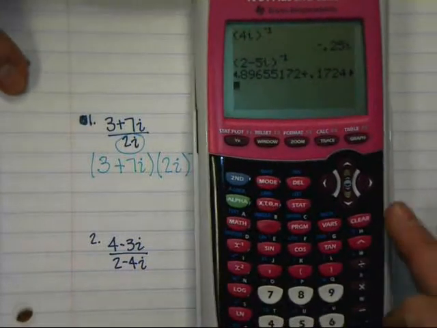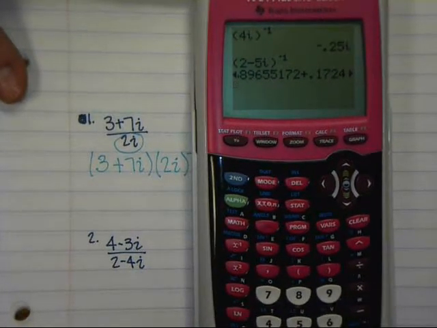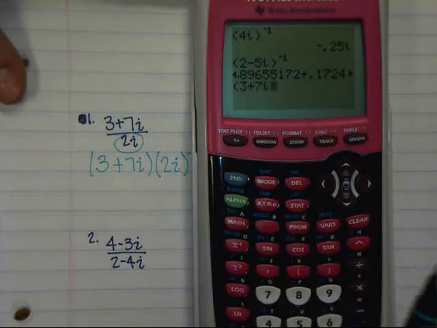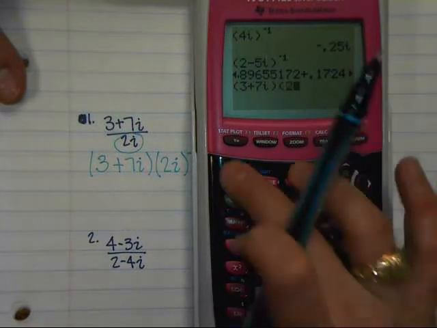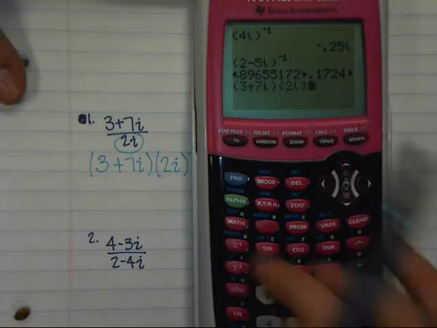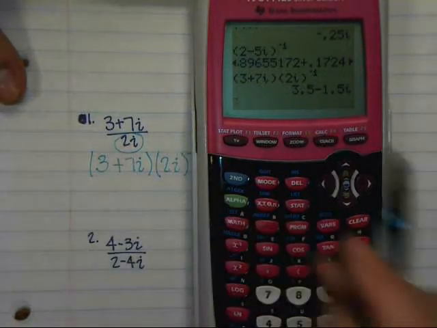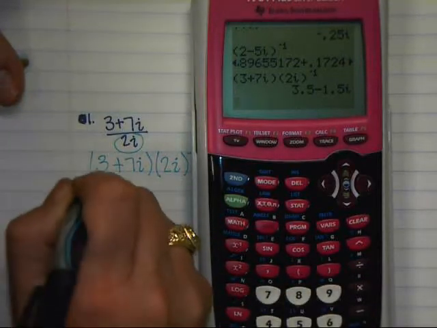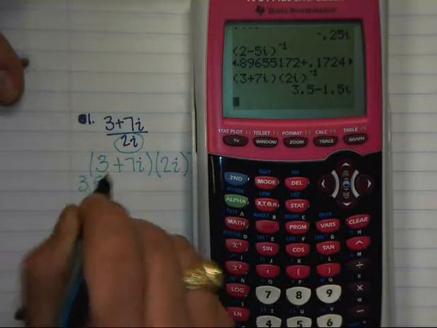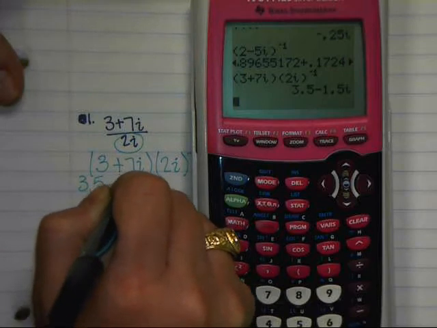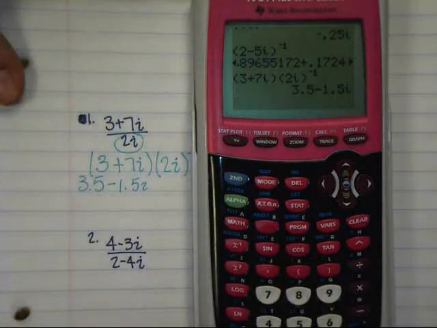Okay? So we're going to do that in the calculator right now. 3 plus 7i times 2i to the negative 1. And we get our answer, 3.5 minus 1.5i. So that's pretty easy to look at.